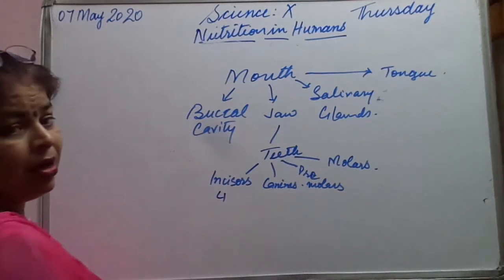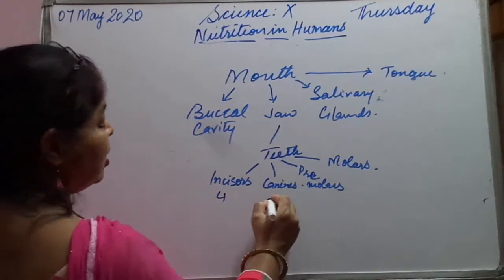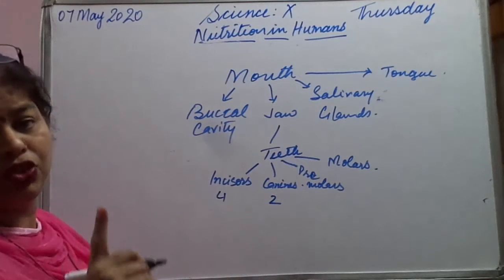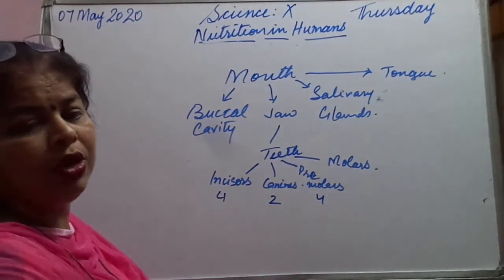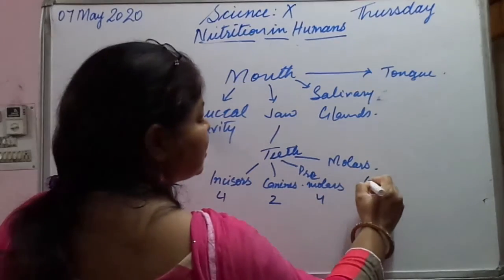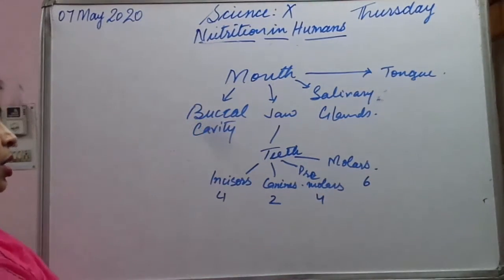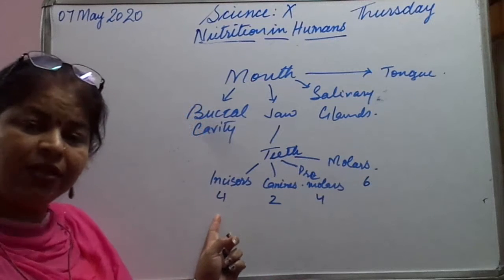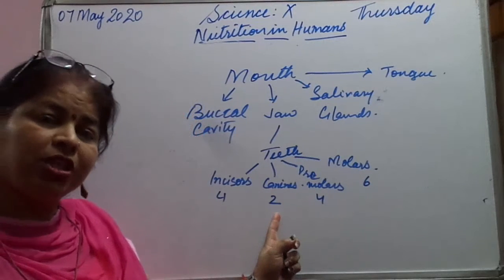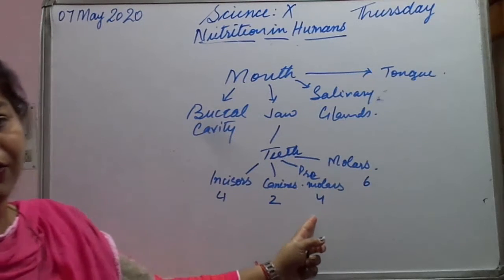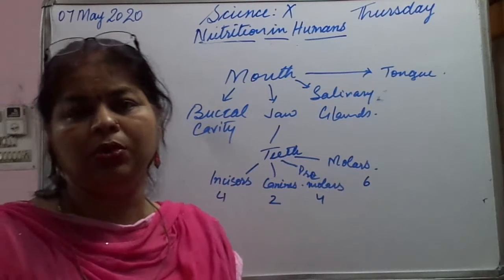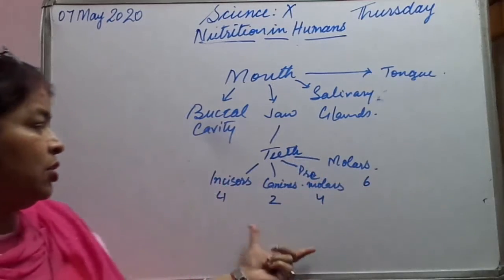Incisors are 4 in number, then canines are 2 in number in one jaw. Premolars are 4, and molars are 6 in number. Incisors help in biting the food, canines in tearing the food, molars in grinding the food, and premolars also. So this is how the teeth work.